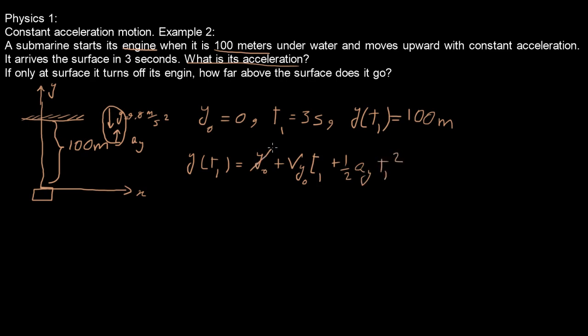We know y naught is 0, and y at t1 is 100 meters. It doesn't tell us what vy naught is. It only tells us that it moves upward with constant acceleration. So we can assume that vy naught is 0.